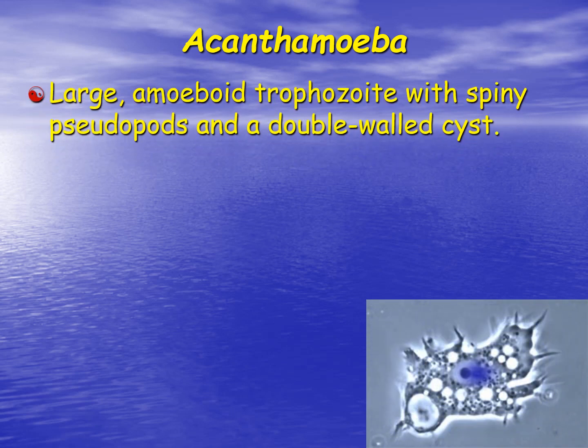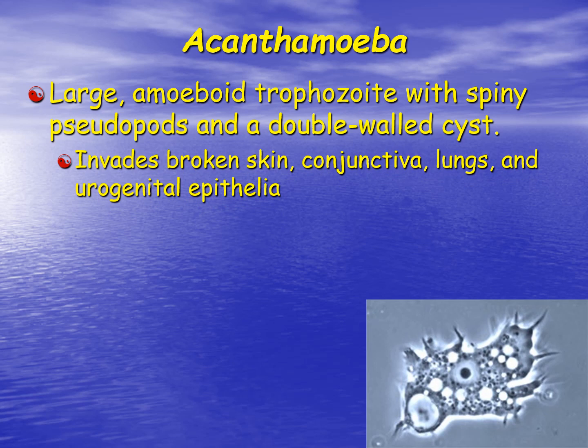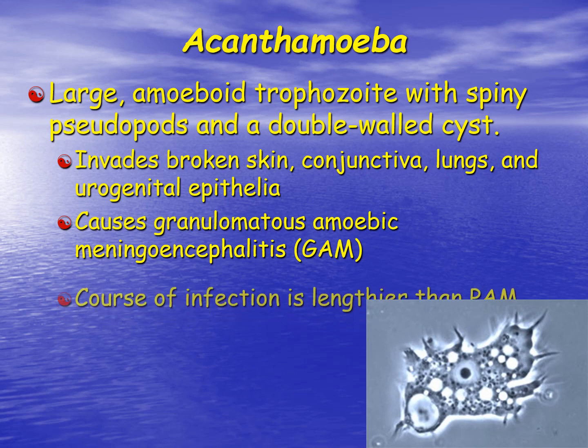Acanthamoeba is a large amoeboid trophozoite that usually has kind of these spiny pseudopods that we see, and it actually will form a double-walled cyst within tissues. It will actually invade broken skin, the conjunctiva, the lungs, and even the urogenital epithelium, and this will cause a granulomatous amoebic meningoencephalitis.